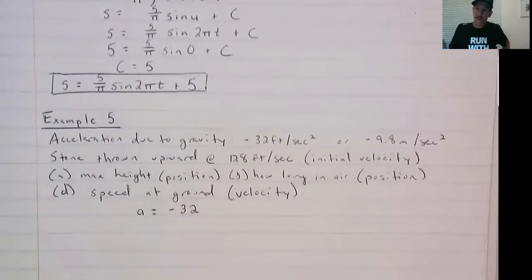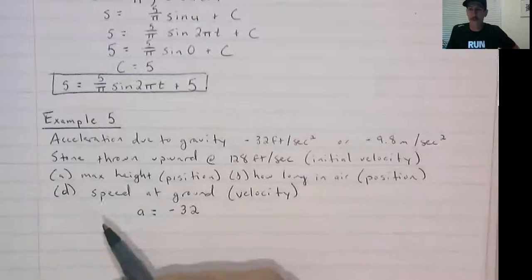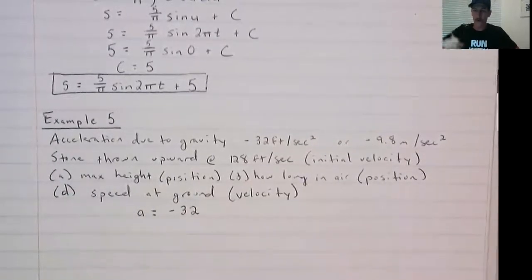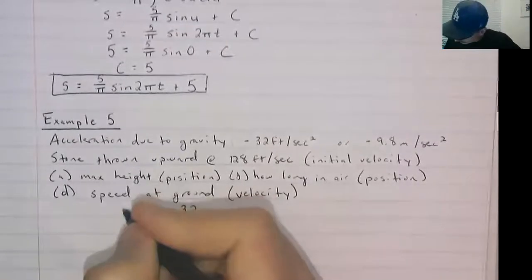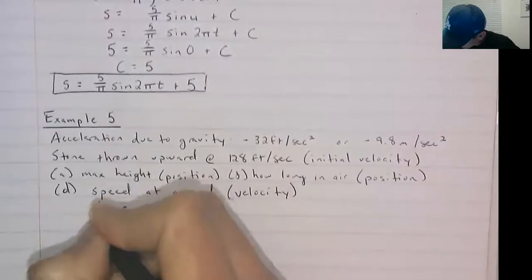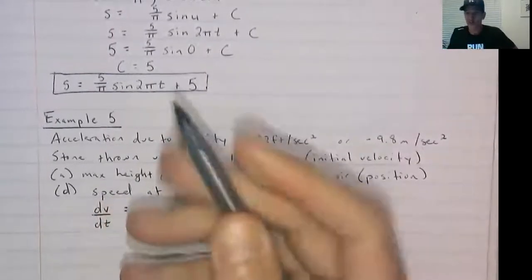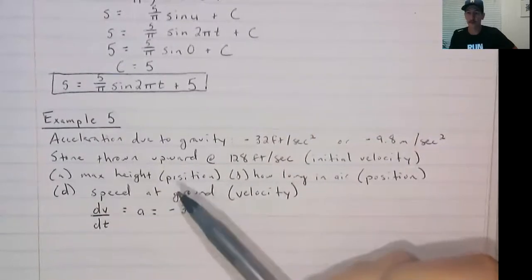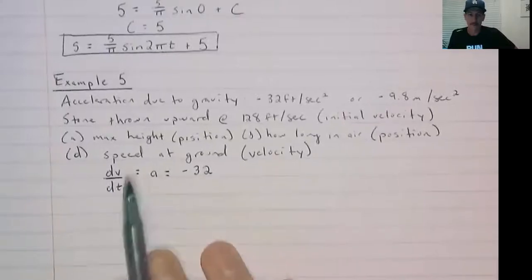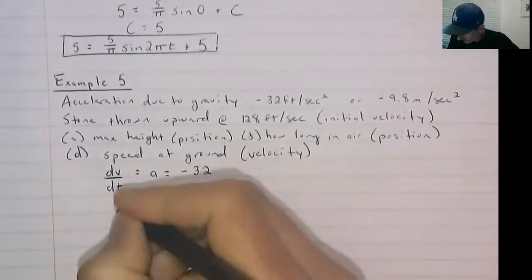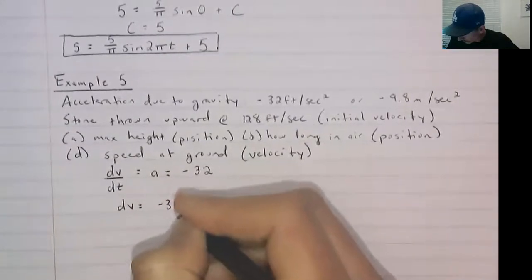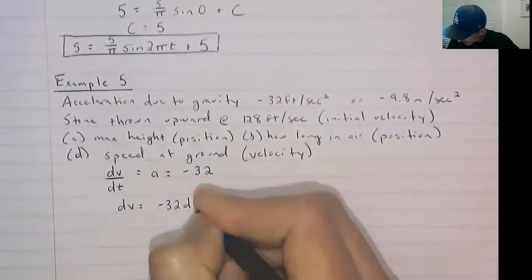And then remembering back to rectilinear motion, or this upward and downward motion, the acceleration is the derivative of the velocity. So this is going to be like a two-step anti-differentiation process. We're first going to separate this differential equation and say that dv is equal to negative 32 dt.